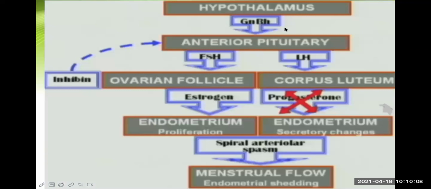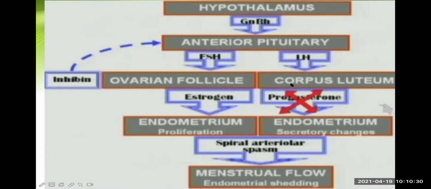Now, to summarize everything in a slide form, see here, from hypothalamus, GnRH is released. GnRH will act on anterior pituitary, and FSH and LH will be released. FSH will act on ovarian follicle. It will lead to growth of the ovarian follicle, and estrogen is released from here, isn't it?